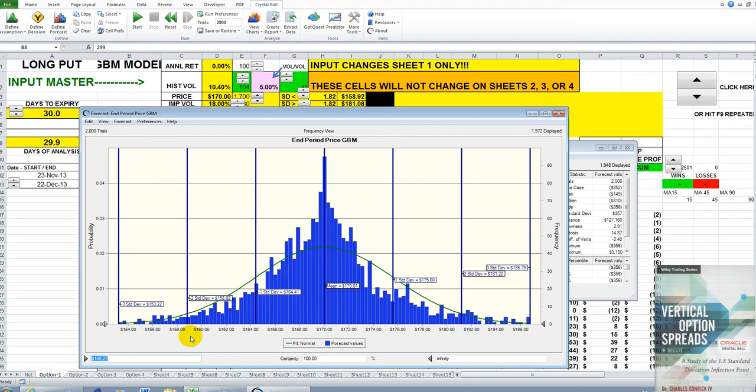Over the much longer period, Crystal Ball is telling you that we're still going to be centered around the 170. But instead of going from 160 to 180, it's going to spread way out, in this case to 153 at the 3 SD mark, SD meaning standard deviation, all the way up to about 187 on the 3 SD.